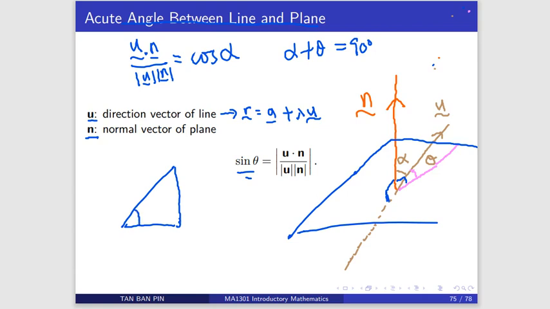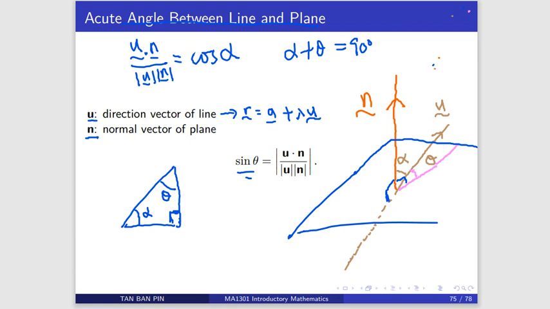So you'll find that if you have a right angle triangle with this angle alpha and this angle theta, then you satisfy alpha plus theta is 90, because you have a 90 degree. You have a right angle triangle. If this is 90, if this angle is alpha, the other angle must be theta, because alpha plus theta must be 90.